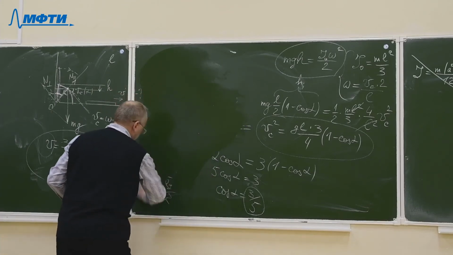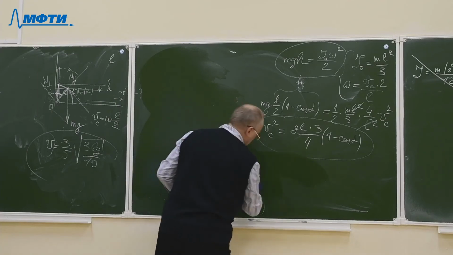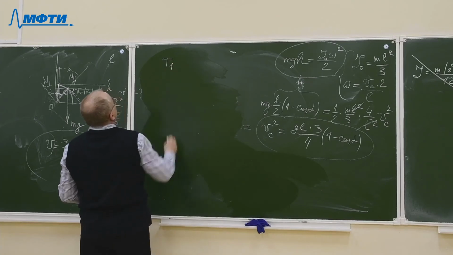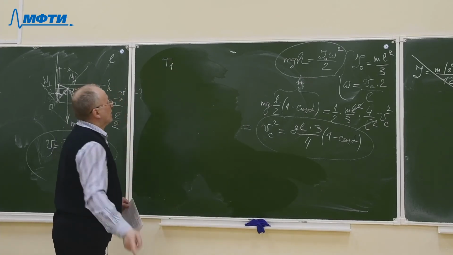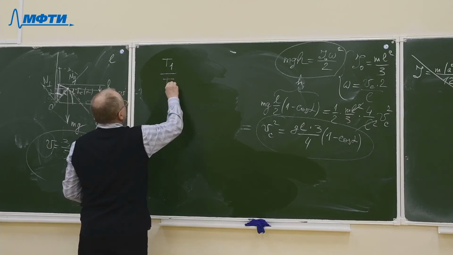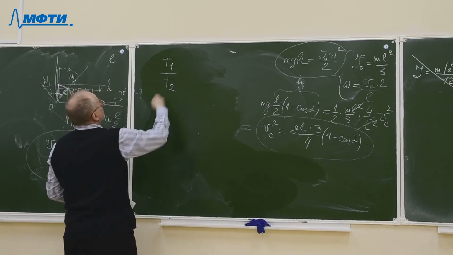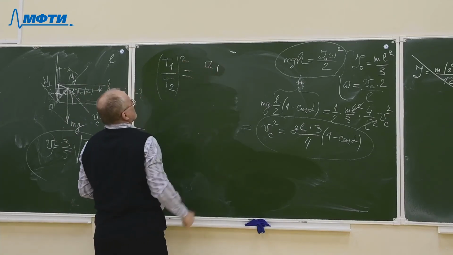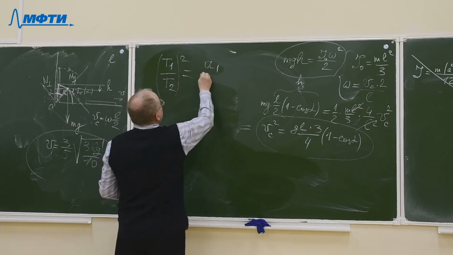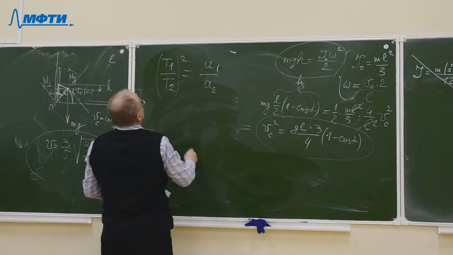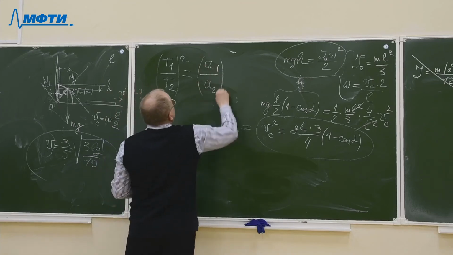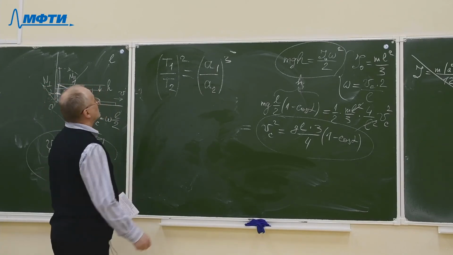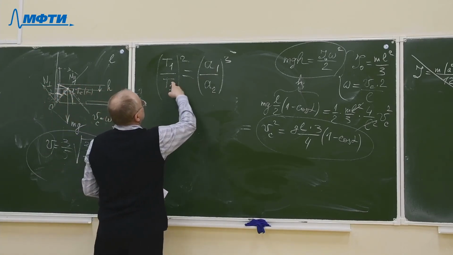The squared ratio of the periods of rotation of two planets or satellites is the same as the cube of the ratio of the major semi-axes of their orbits. Three parameters are given.